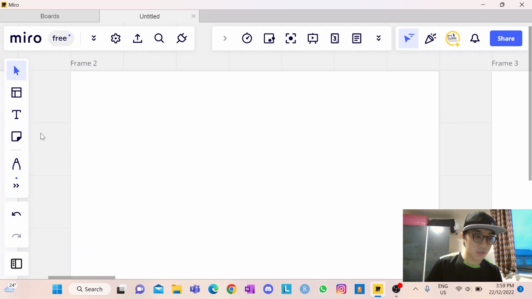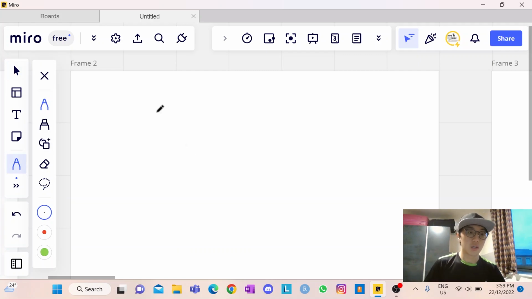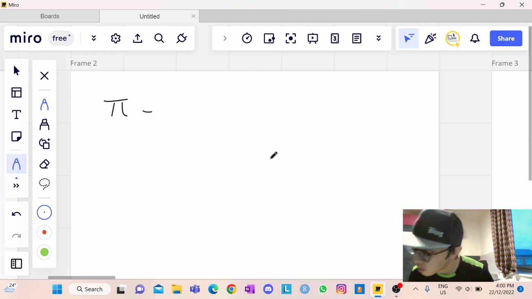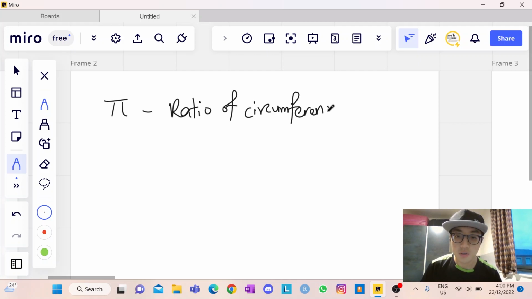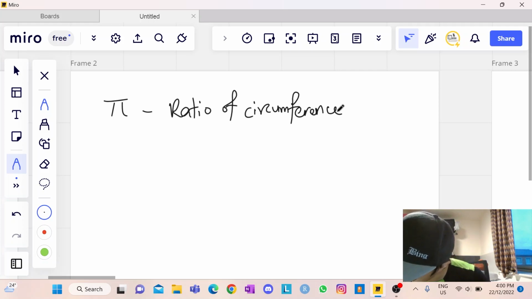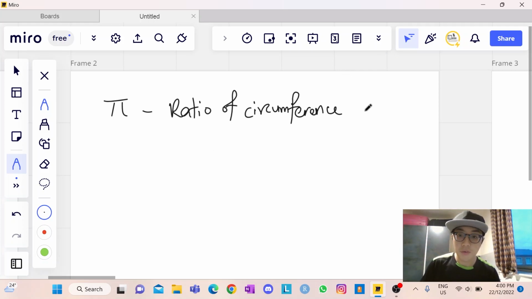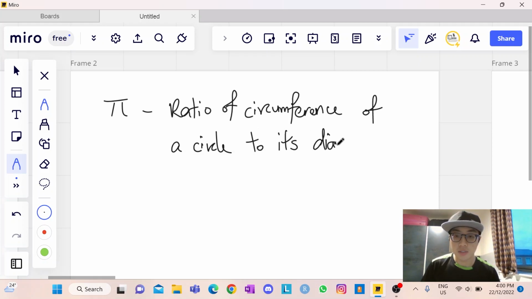Before we do any calculations on circles, there's one thing that I'm pretty sure all of you have heard before, which is pi. So what is pi? I googled that, by the way. The definition of pi is the ratio of the circumference of a circle to its diameter.